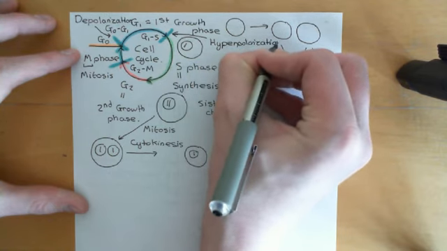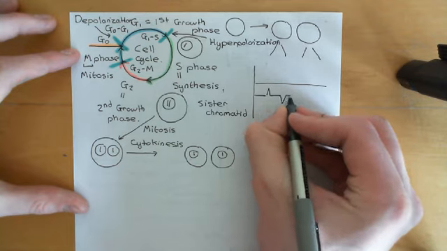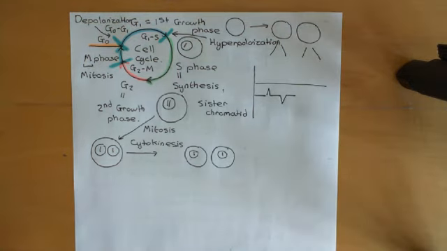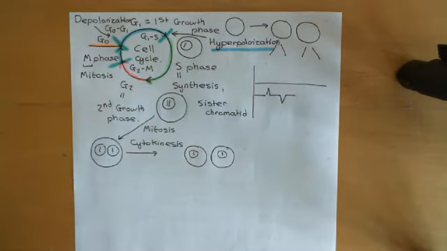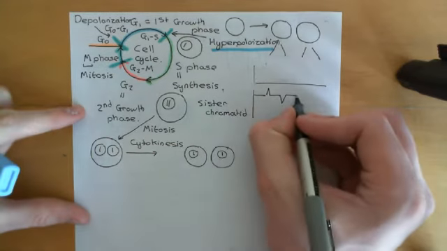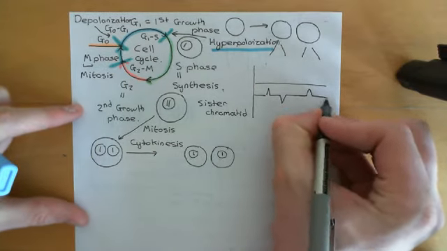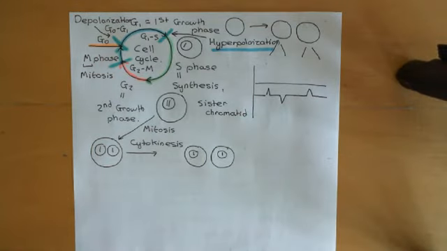Okay, so drawing that on my graph again, that will be a deflection downwards, okay, and again it's a transient hyperpolarization, okay, and then finally, at the G2 to M transition, you again get depolarization, a transient depolarization, and these changes in the electrical potential difference are believed to actually be very important in moving between one phase of the cell cycle and the other phase of the cell cycle, and indeed they may be a way of stopping the progression through the cell cycle by stopping these electrical potential difference changes.